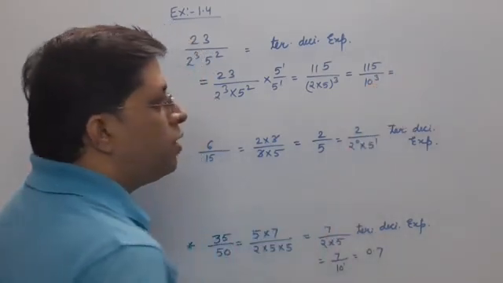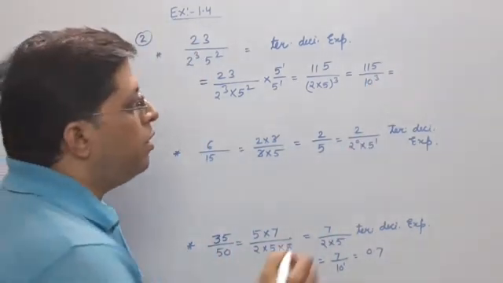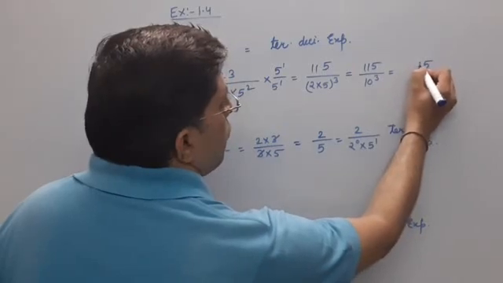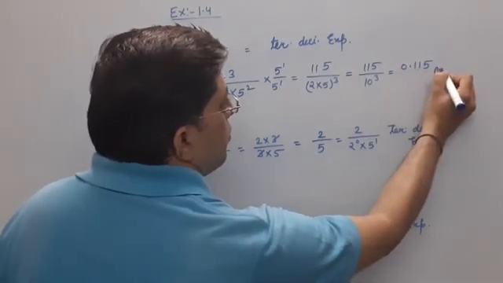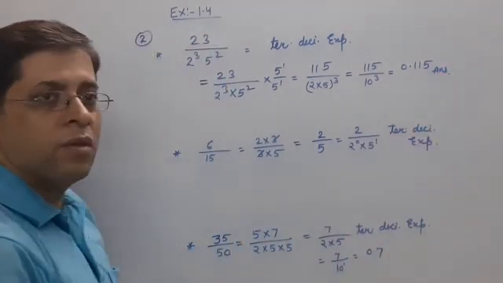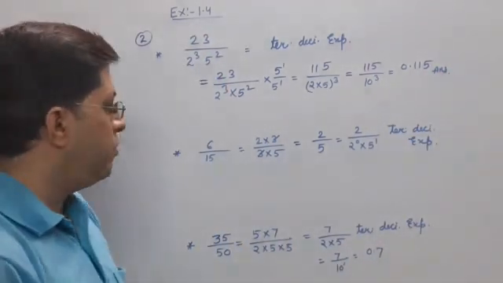It means after 3 places you have to put the decimal: 5, 1, 1, 1, 2, 3, then you put the decimal. This is your answer.